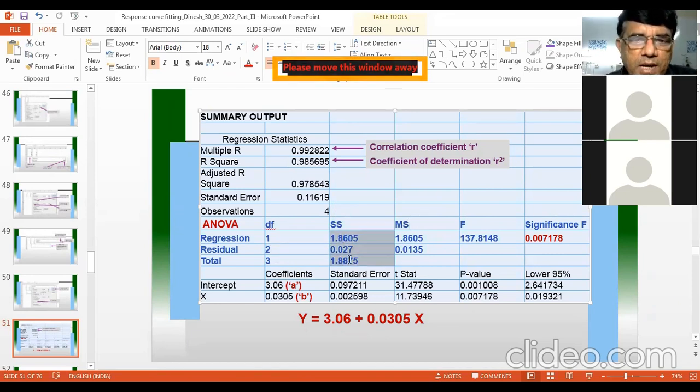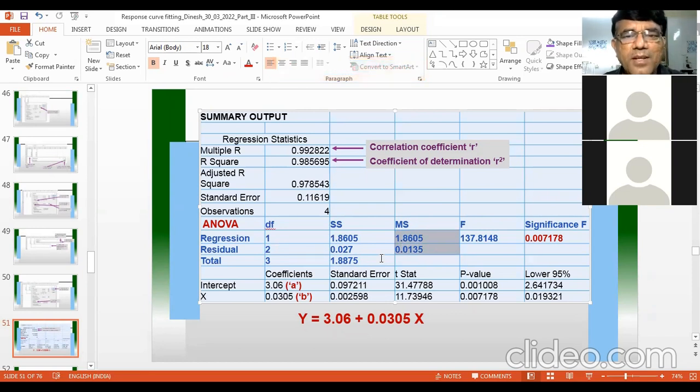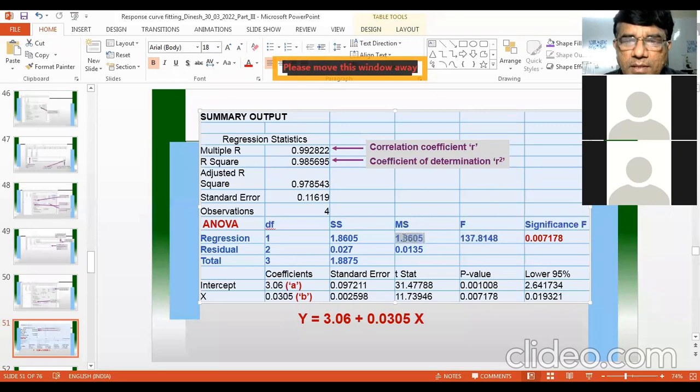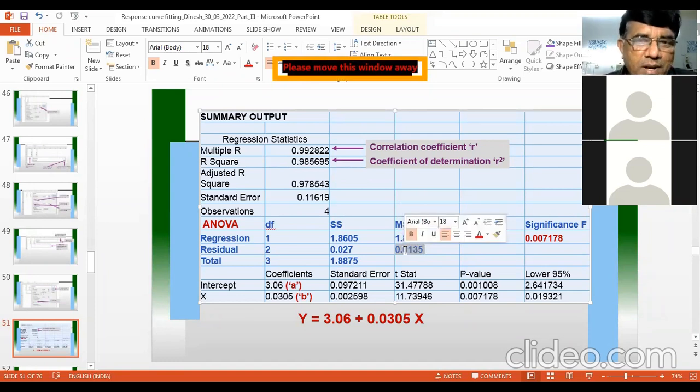All the sums of square are divided by their respective degrees of freedom to give the mean square. You can also do it manually, and you will find exactly the same answer. Then F calculated. This is the mean square due to regression divided by the mean square due to residual or error. So this divided by this, you get F calculated.